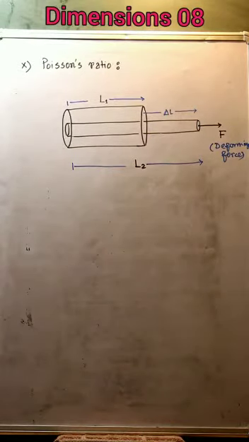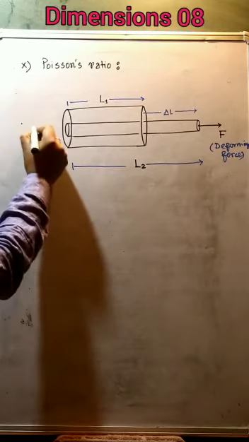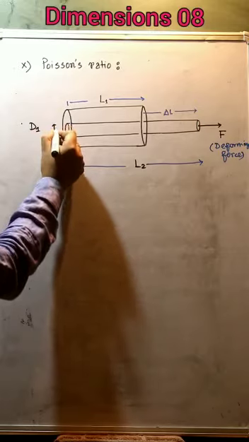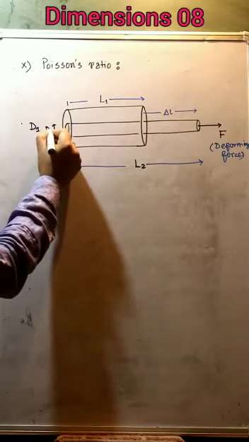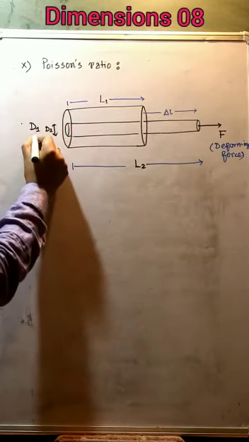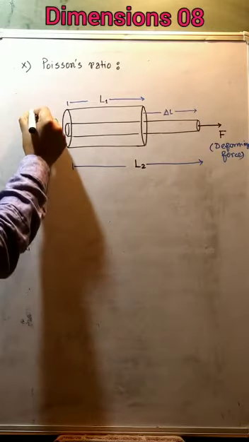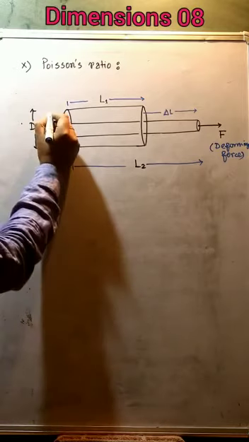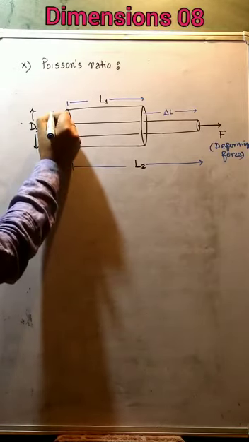Now we can denote the initial diameter as D1 and the final diameter as D2. This is D2, which is the final diameter, and the initial diameter is D1. In this case, the change in diameter can be denoted in two parts.